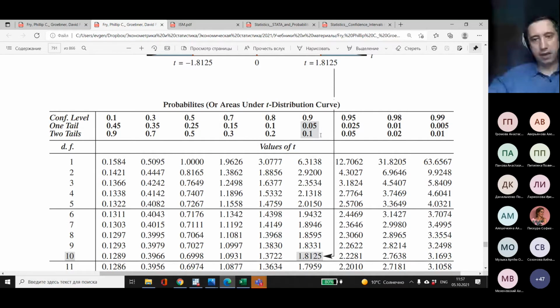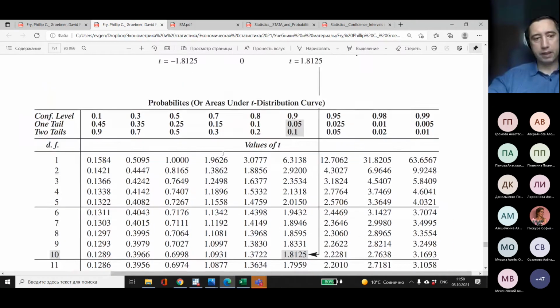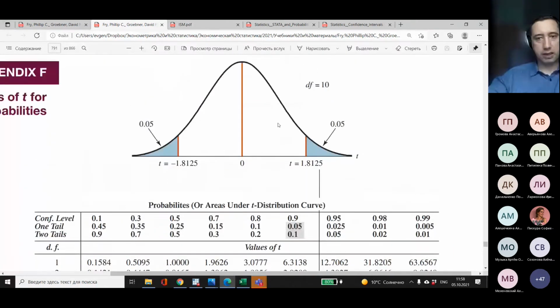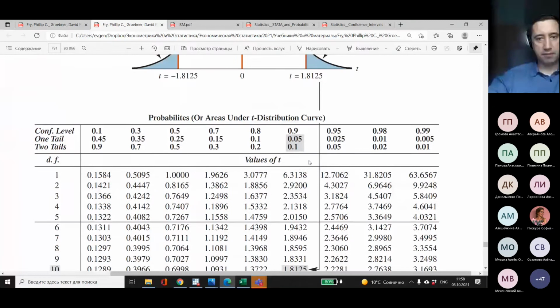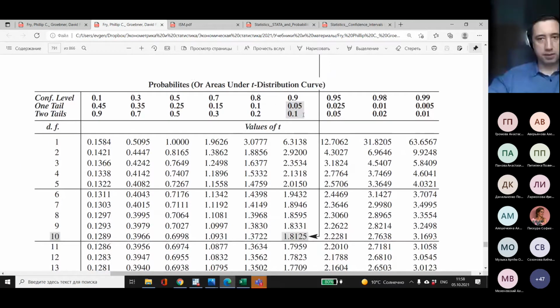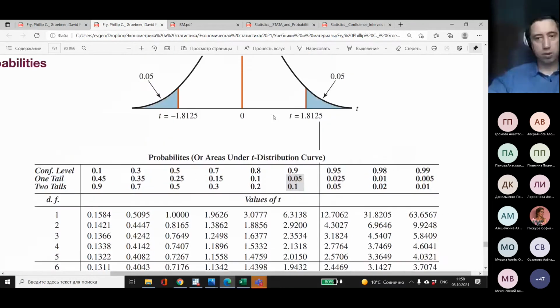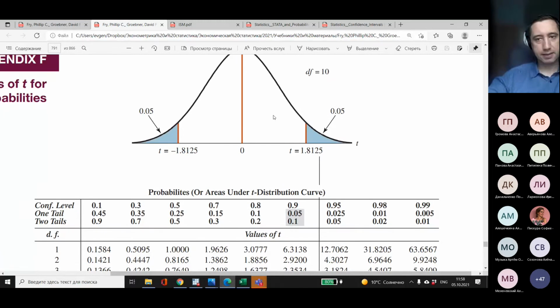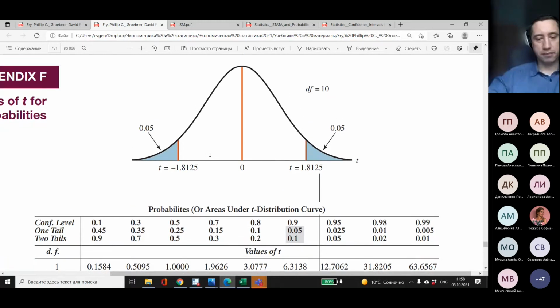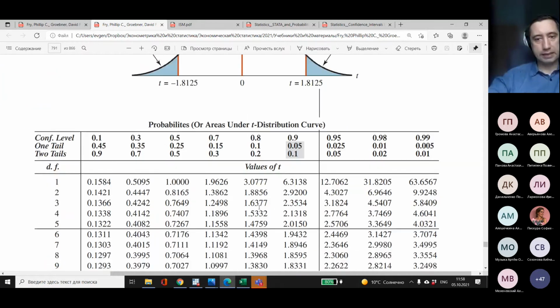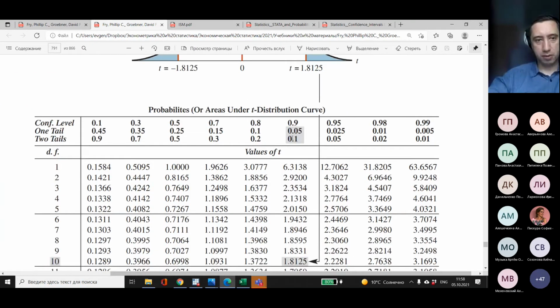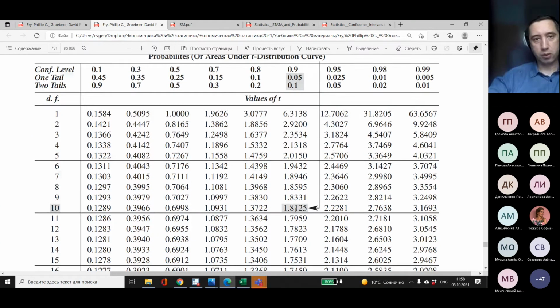Alpha could be 0.1, 0.05, 0.01, or even bigger. Well, how to find it in the table? If we have a two-tail test or a confidence interval, you should rely on this column, 0.01 or 0.1. And this is our number.